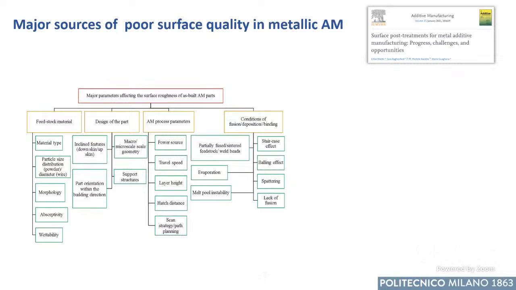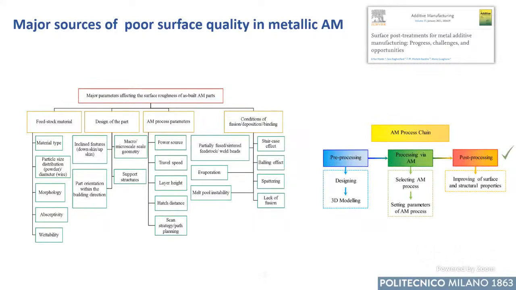So it's important to design for additive manufacturing in such a way that the shape and the way the powder is deposited minimize, or at least reduce, the surface roughness and the surface defects. Then the AM process parameters: the power source, the travel speed, and so on, and the condition of fusion for thermal processes, deposition for cold spray, and binding for the binder jetting process. And also in this case, we have different factors that affect the final result.